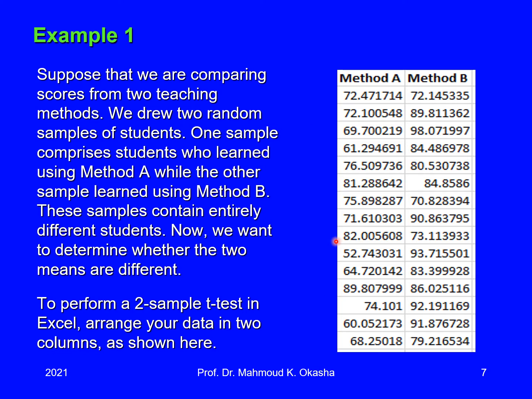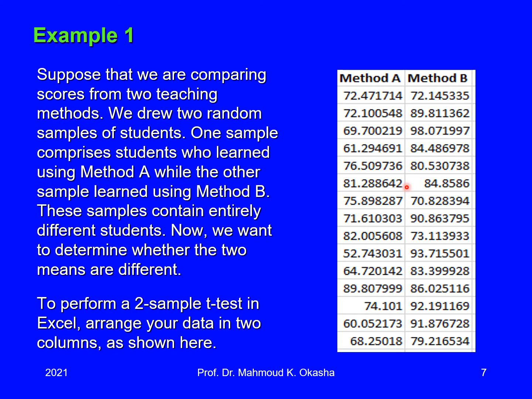And these are the marks for the students who learned using method A, and that column is the marks for students who learned using method B, and they are independent samples because these are not the same students as those, so they are independent samples. And we want to test the means of the two groups.